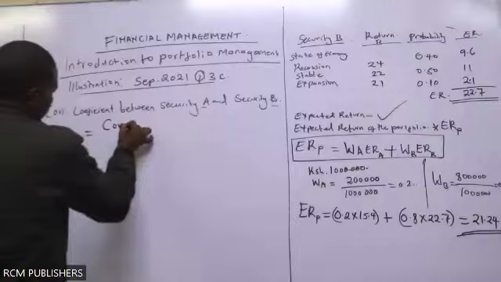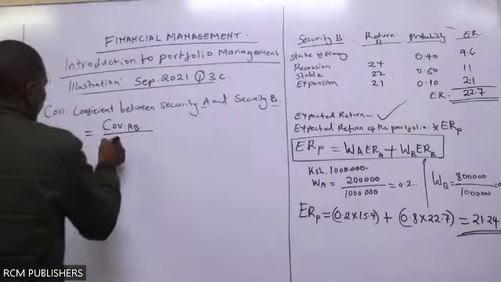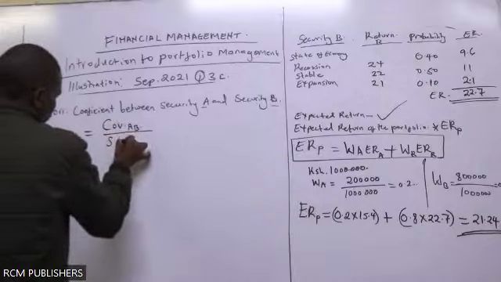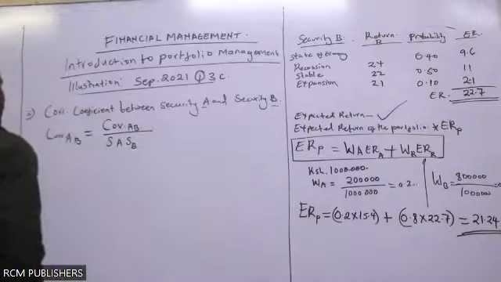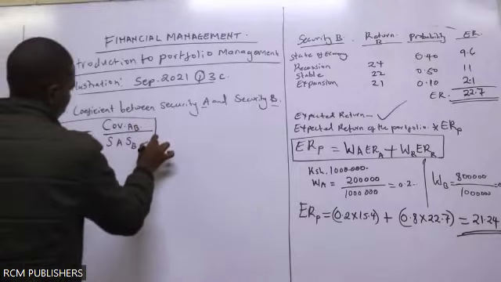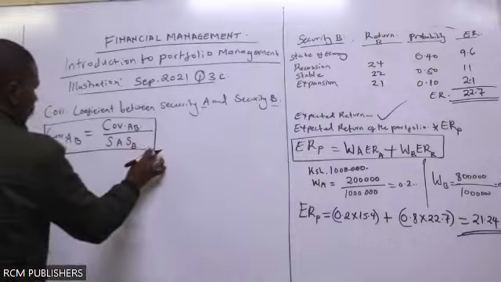Covariance of AB. Now how do we find the covariance? It is not difficult. We have the formula. Divide by standard deviation of A and standard deviation of B, and you will have your correlation. This is very, very important.